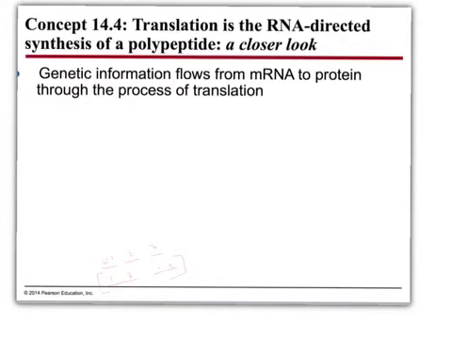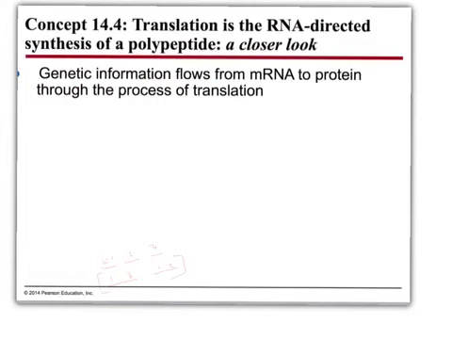RNA includes those 3-letter words, right? The codons, which will eventually code for what? Or the amino acids which will make up that protein. All right? So our genetic information flows from DNA to RNA, eventually to proteins.